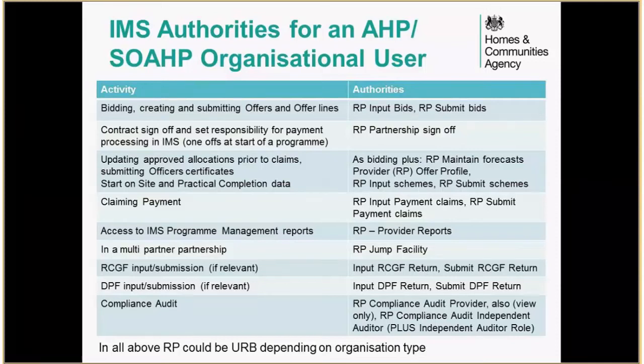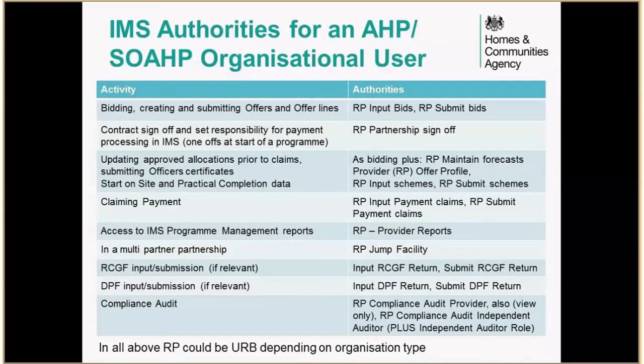That's a one-off at the start of a programme. To be able to do that in IMS, somebody within your organisation needs the authority RP partnership sign-off. One that we often get at the start of a new round of allocations, that people try and do things in IMS and can't because their partnership hasn't been signed off within the system.